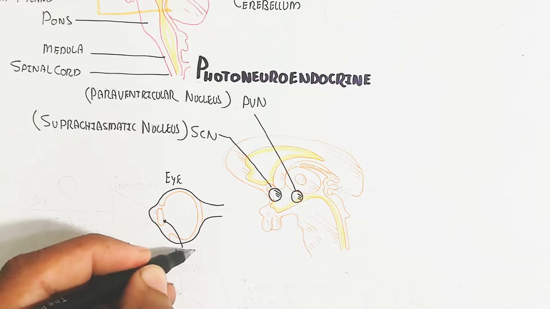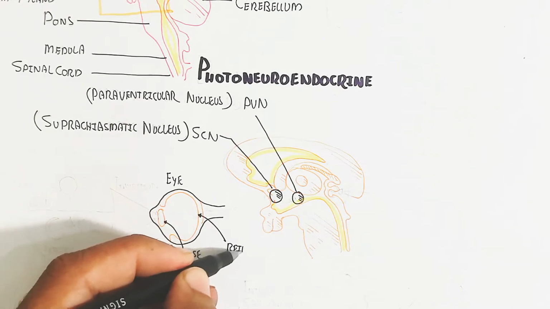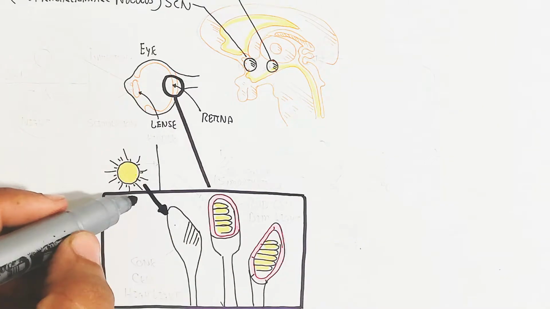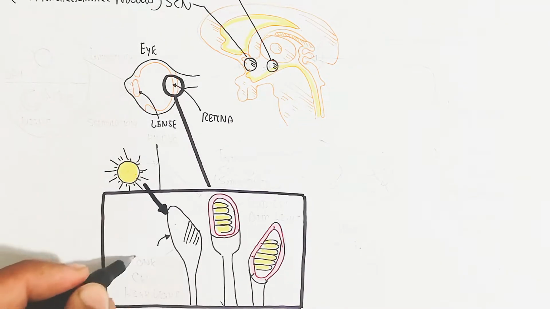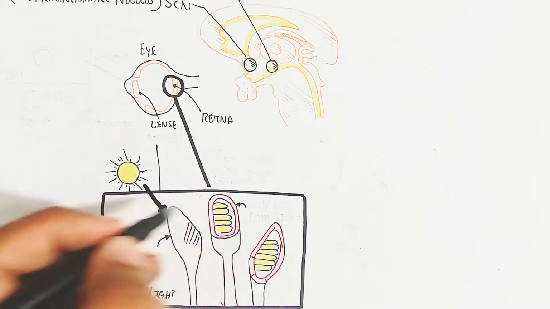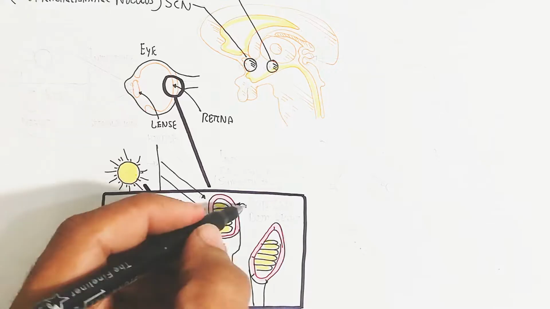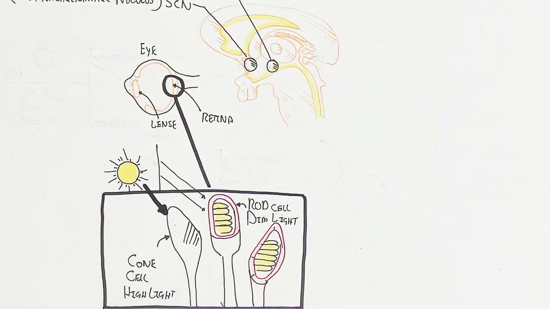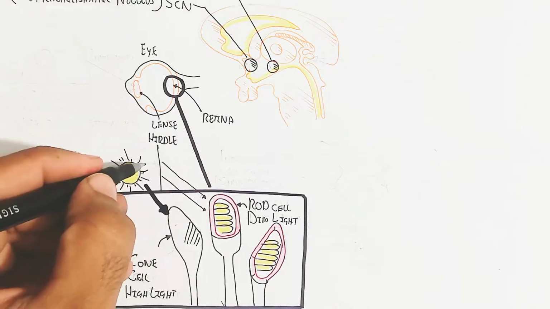The retina contains rod and cone cells, which are photoreceptor cells. So in this way the light is absorbed. Cone cells are involved in bright light during the daytime, while rod cells activate during dim light.